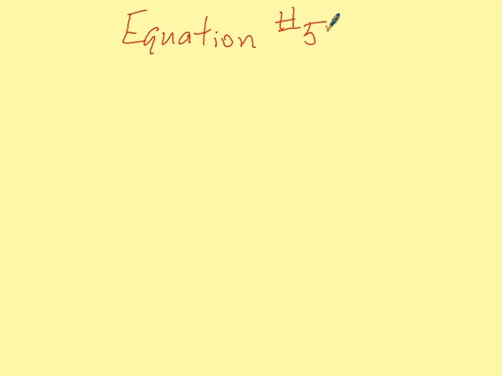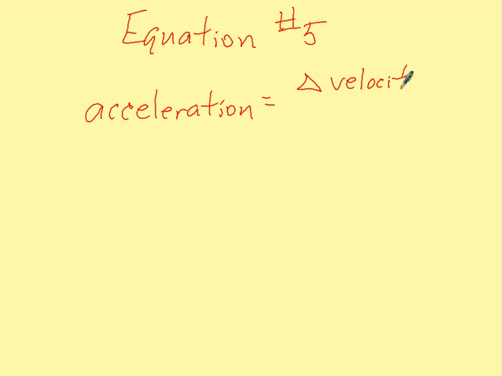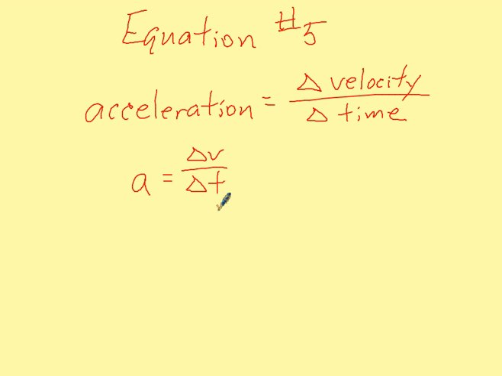Let's just go back and remember that the acceleration of an object can be described as the change in velocity divided by the change in time. So the acceleration is equal to change in velocity over change in time. All right, and there you go. That wraps up our 5 kinematic equations that we're going to need to work in 1 and 2 dimensions.